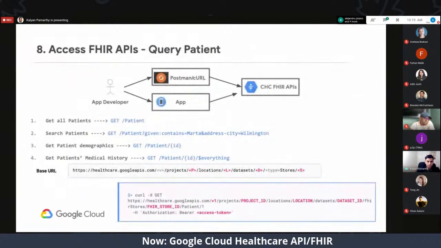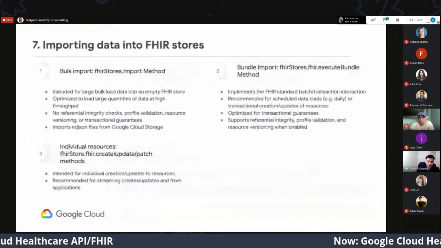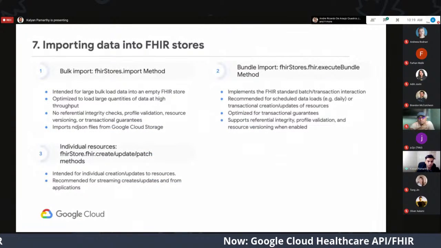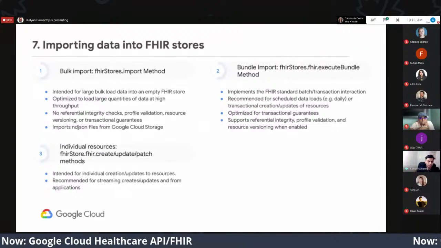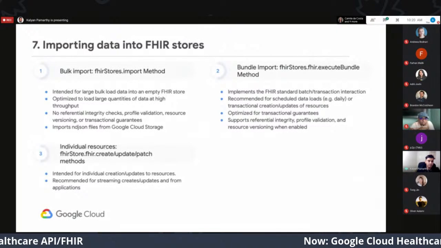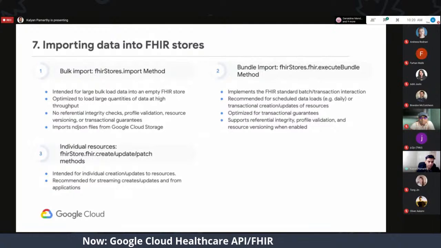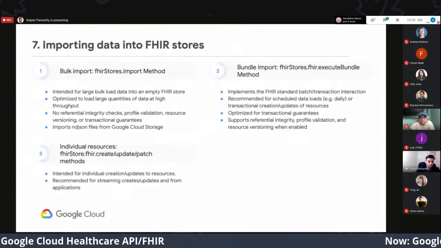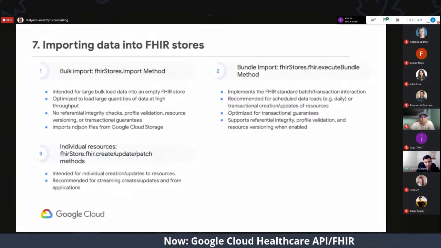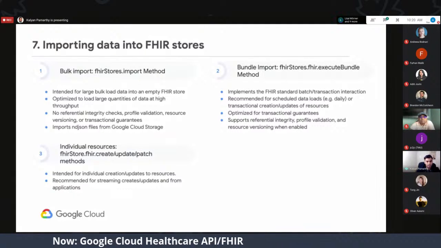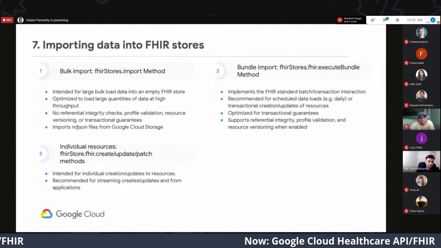And then, once you're set up with that, you're ready to start working with your data, right? And so if you haven't brought in any data into the Firestore, like I said, there's import functionality to import bulk data into the Firestore. We've got a method for that. Firestore.import. If you're familiar with working with FHIR bundles, we've got the execute bundle operation, so you can package in a whole bunch of FHIR requests into a single transaction or a batch and run that to bring data in, or you can send individual data.